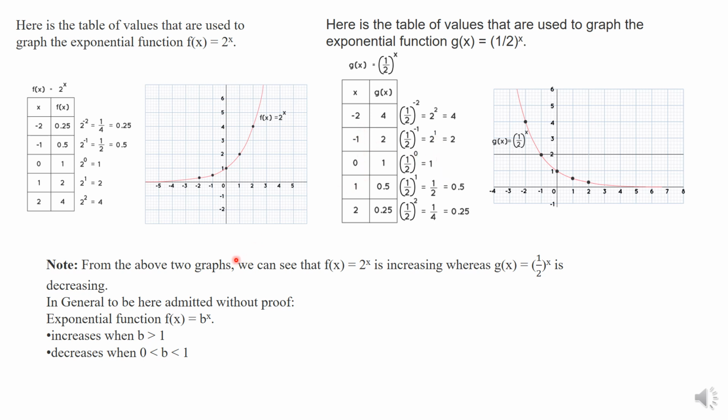From the two graphs, we can see that f(x) is increasing whereas g(x) is decreasing. In general, admitted here without proof, if f(x) = b^x, then it increases when b is greater than 1 and decreases when b is between 0 and 1.